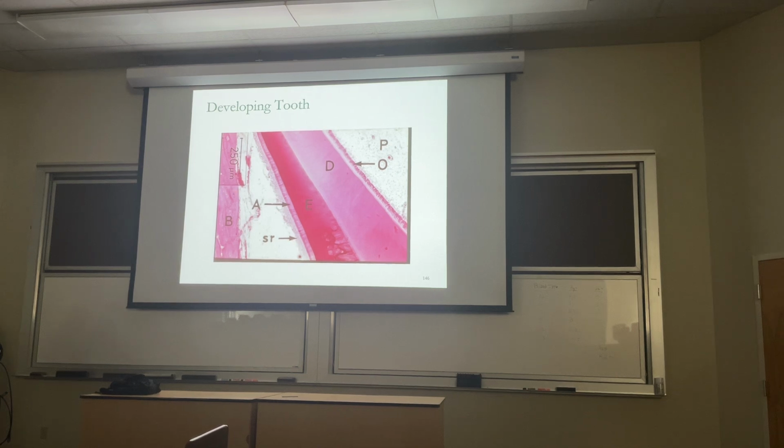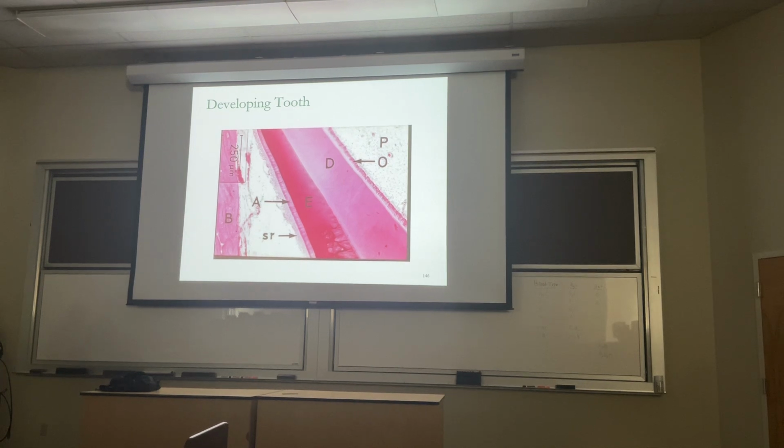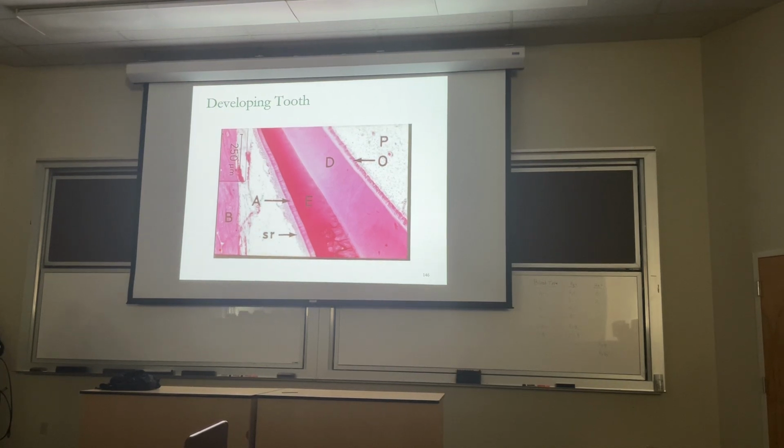Eventually you're going to form cementum and a periodontal ligament that's going to hold the tooth to the bone. Again, this hasn't erupted yet, so it's still developing. We don't have all the structures in place yet, but these are the main ones that we have. When it erupts, the ameloblasts and the stellate reticulum here will be gone, because the tooth is being made and then comes out.